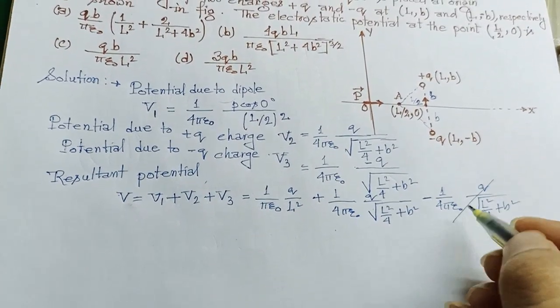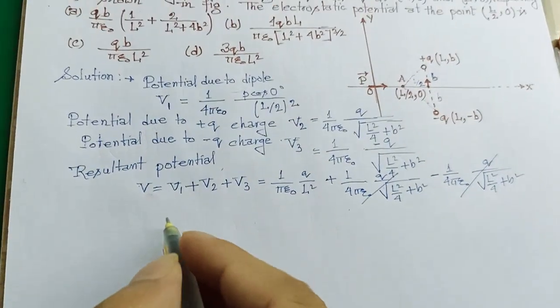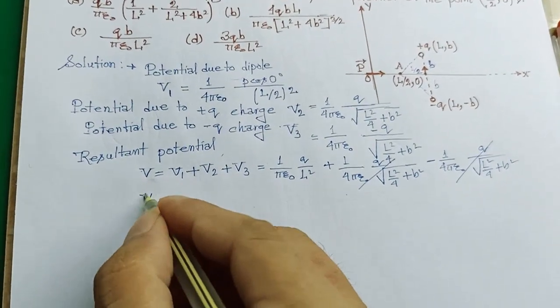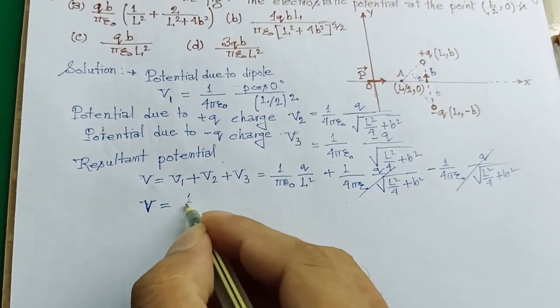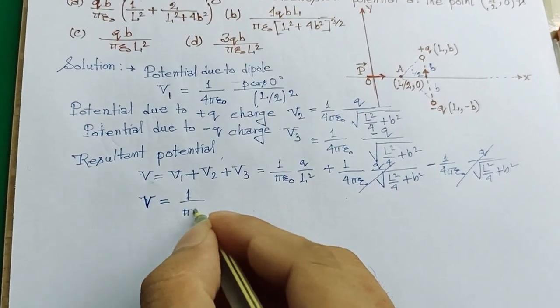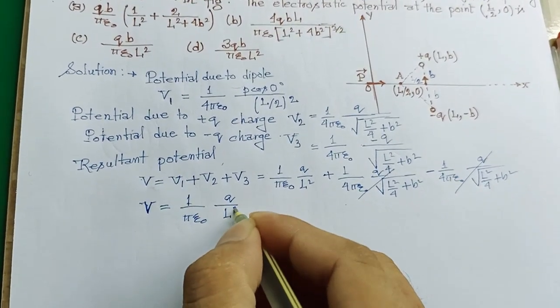Now these two terms will get cancelled. After cancelling, we find that our net resultant potential V will be equal to 1 divided by pi epsilon naught into q divided by L square.